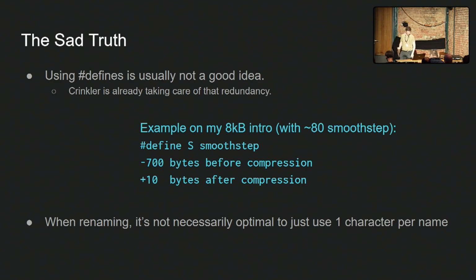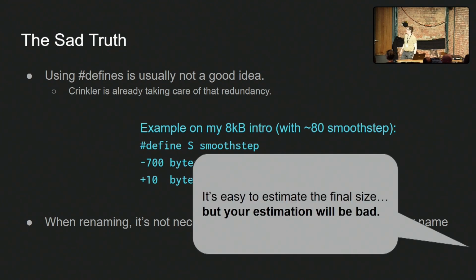That was a bit frustrating, and at some point, I had no idea what I should do. It seemed to be just magic or random, because I guess the compression tools work so well that it's difficult to outsmart them. So yeah, you can easily estimate the final size, but your estimation will be bad, so I guess don't do it.